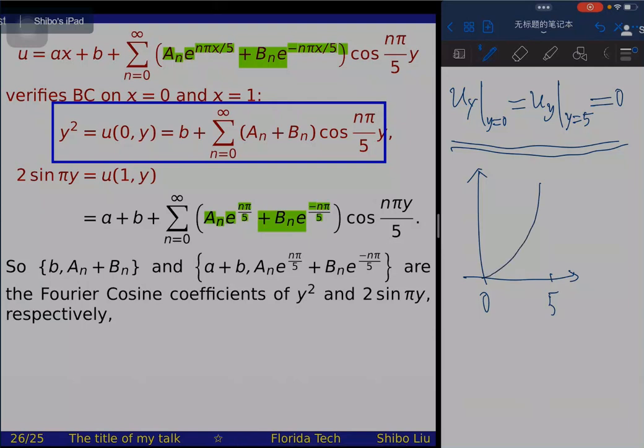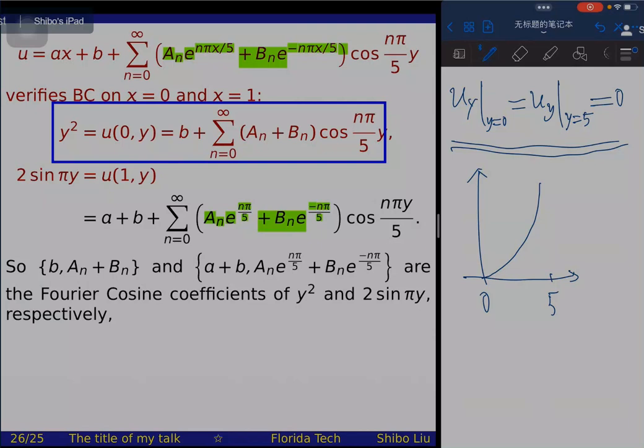Of course, you can expand this function in terms of cosine. This means that the small b and the sum of capital An and capital Bn are the Fourier cosine coefficients of the Fourier cosine series for y squared.